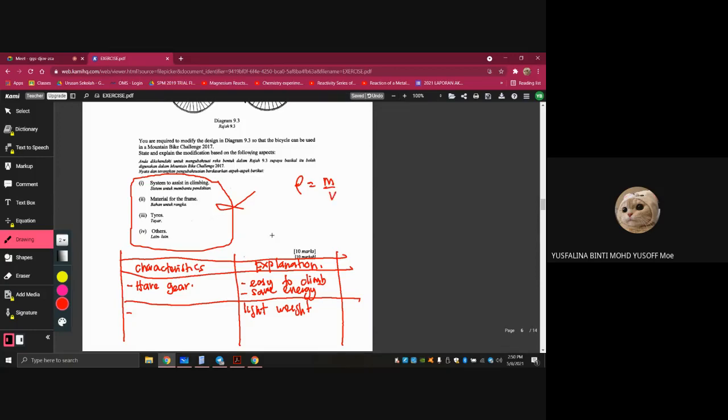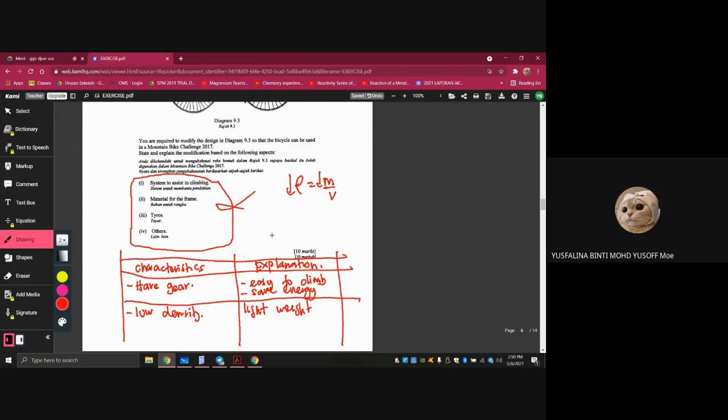When you answer lightweight, it means the mass is decreasing, so the density should also decrease. So for the characteristic, you put low density, and lightweight is the explanation.